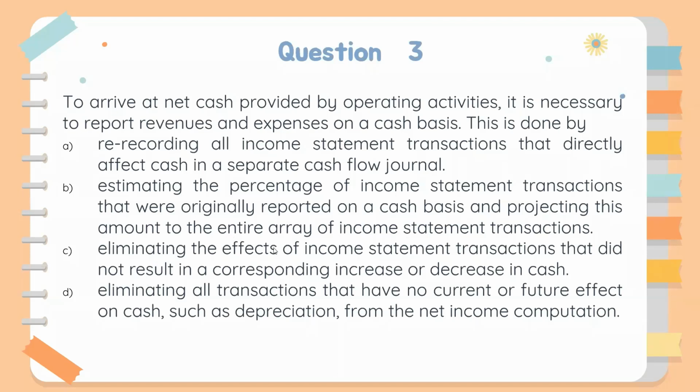Letter C, eliminating the effects of income statement transactions that did not result in a corresponding increase or decrease in cash. And letter D, eliminating all transactions that have no current or future effect on cash, such as depreciation, from the net income computation.